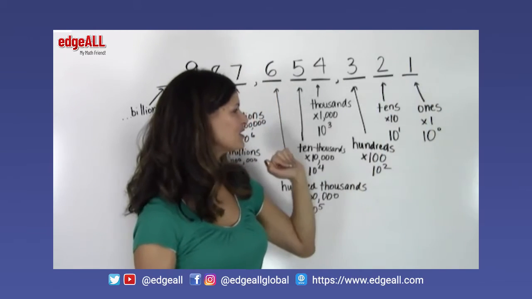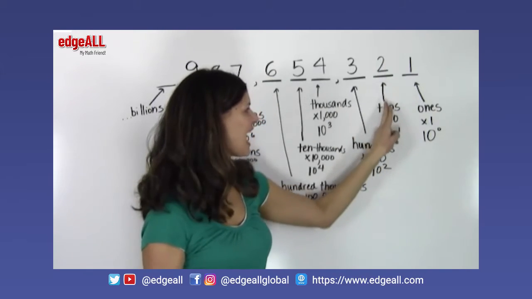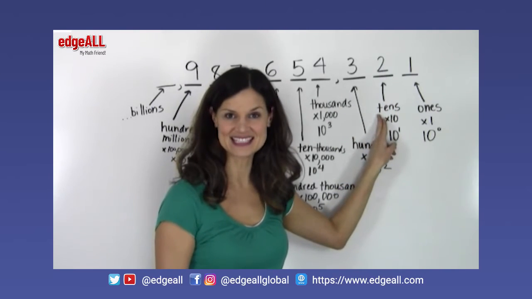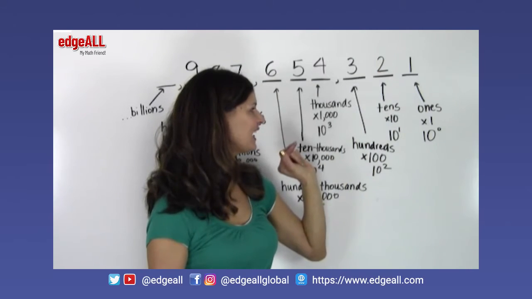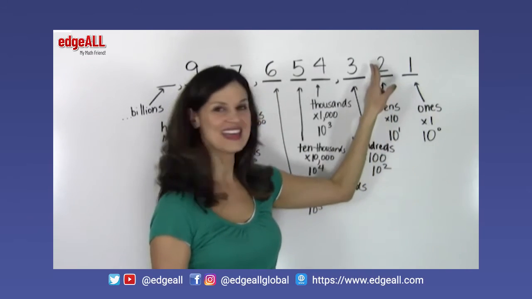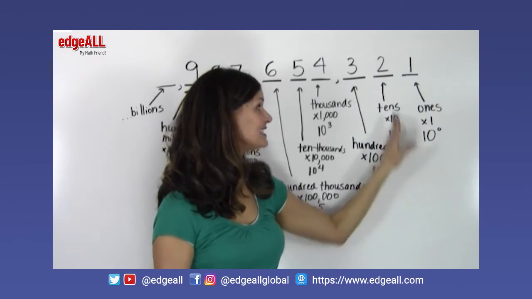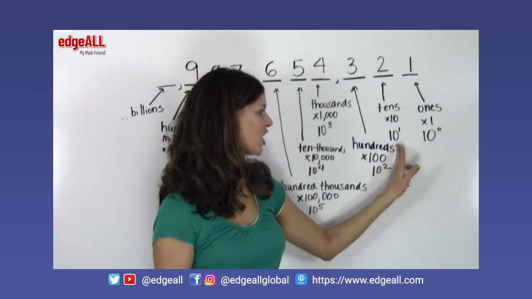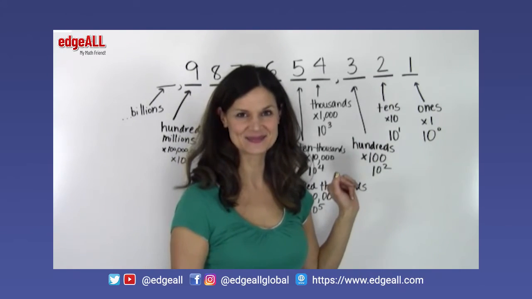As we move over to the left, our second digit is in the tens place. Any digit in this second position has a value of that digit times 10, and the digits in this position are in the 10 to the power 1 place.